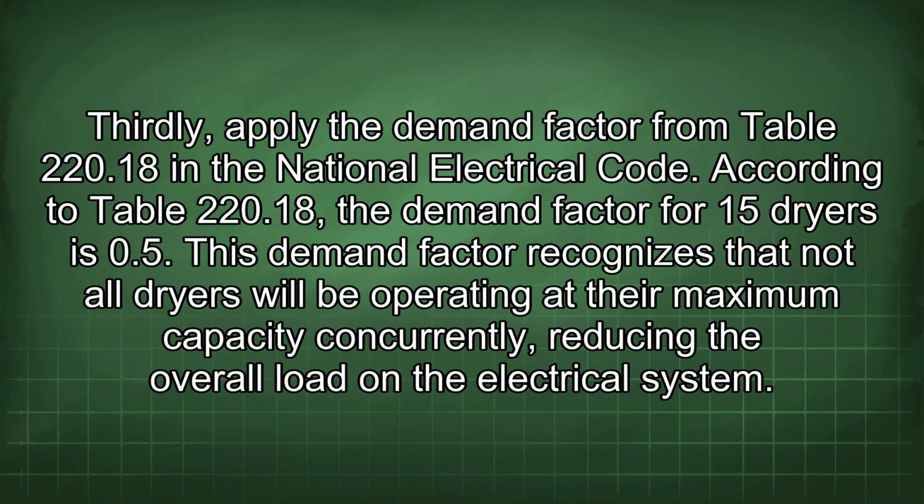Thirdly, apply the demand factor from Table 220.18 in the National Electrical Code. According to Table 220.18, the demand factor for 15 dryers is 0.5. This demand factor recognizes that not all dryers will be operating at their maximum capacity concurrently, reducing the overall load on the electrical system.